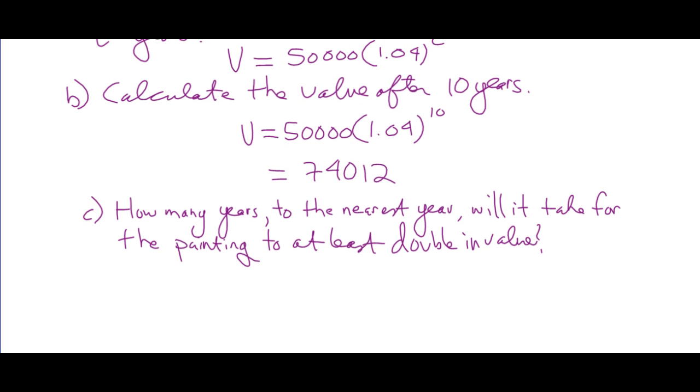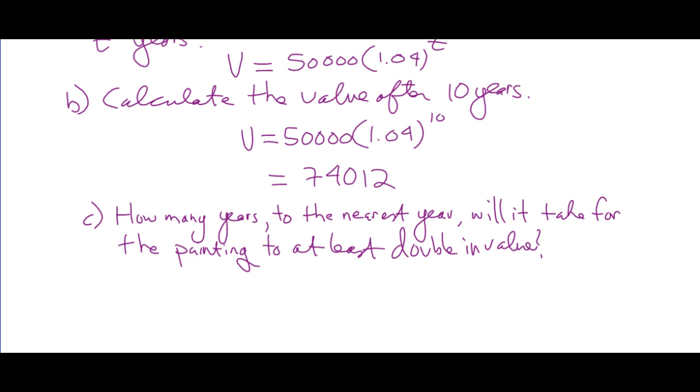So what are we going to put into the formula? V equals 50,000 times 1.04 to the t. So what's the big V on the left? What do we want it to be worth? 100,000, right?